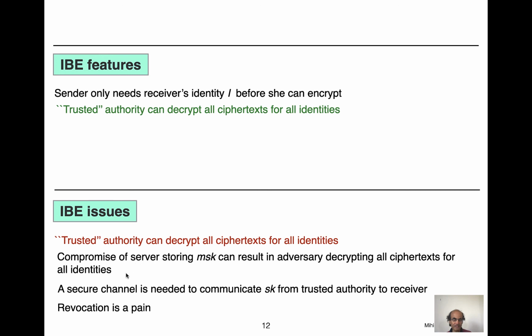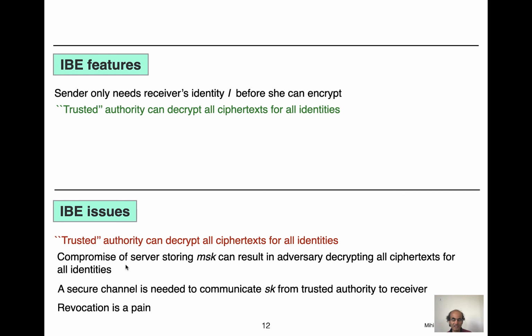There are other questions with regard to IBE as well, orthogonal to the improved or easier key management, which is that it isn't just a question of whether the trusted authority can be trusted to not misuse the power that it has through that master secret key.